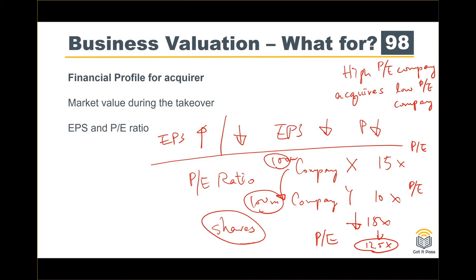Because my company's shares are undervalued at a lower PE ratio. So in general, a higher PE ratio company acquires the lower PE ratio company. It's the market practice.